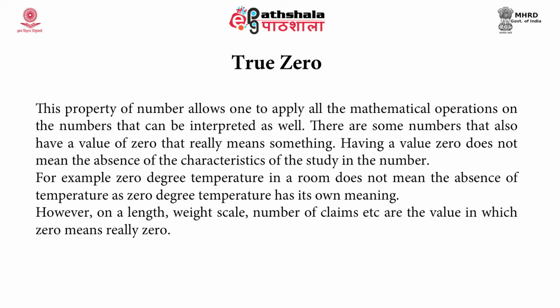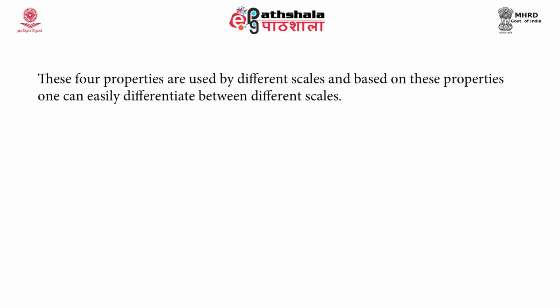However, on a length scale, weight scale, number of claims, etc., are the values in which 0 means really 0. These four properties are used by different scales, and based on these properties one can easily differentiate between different scales.